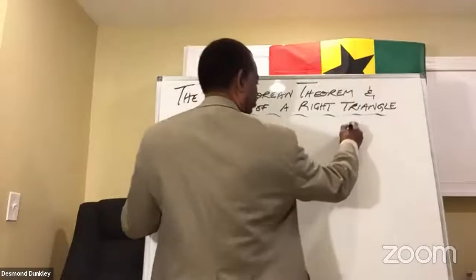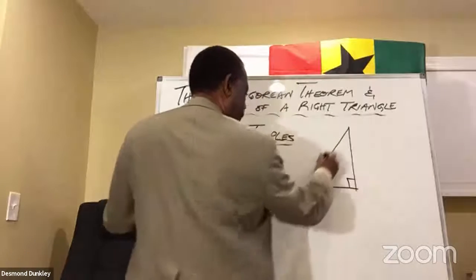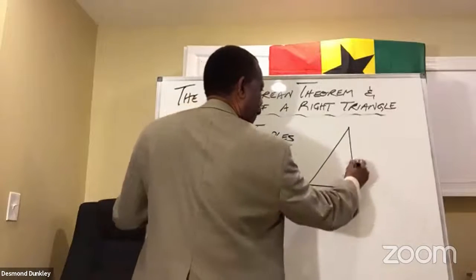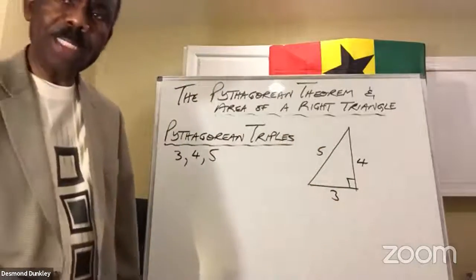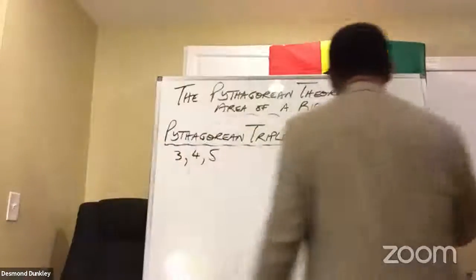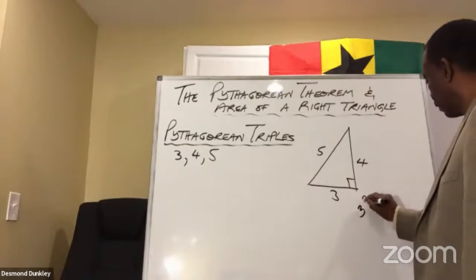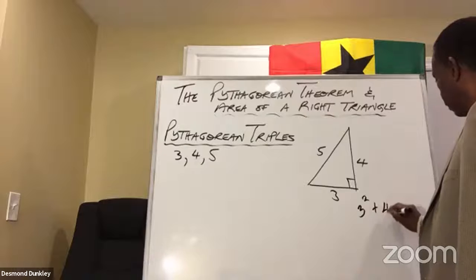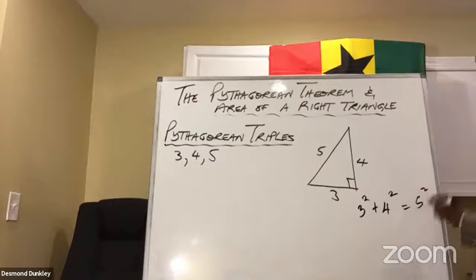Let's check it out and see if that's real. Well, 3 squared is 9. Is that equal to 5 squared?